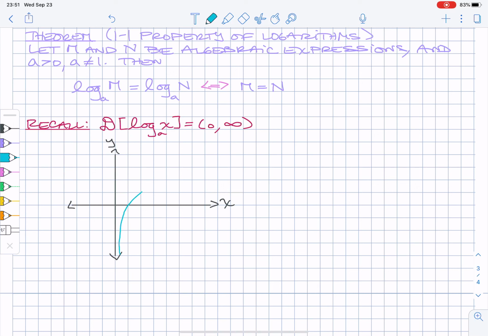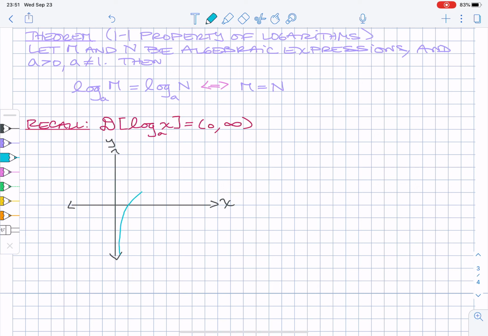So let's distribute. So I get that 21 is equal to x squared minus 4x. Let's set this to 0. So I get 0 is equal to x squared minus 4x minus 21. So I need to factor this.